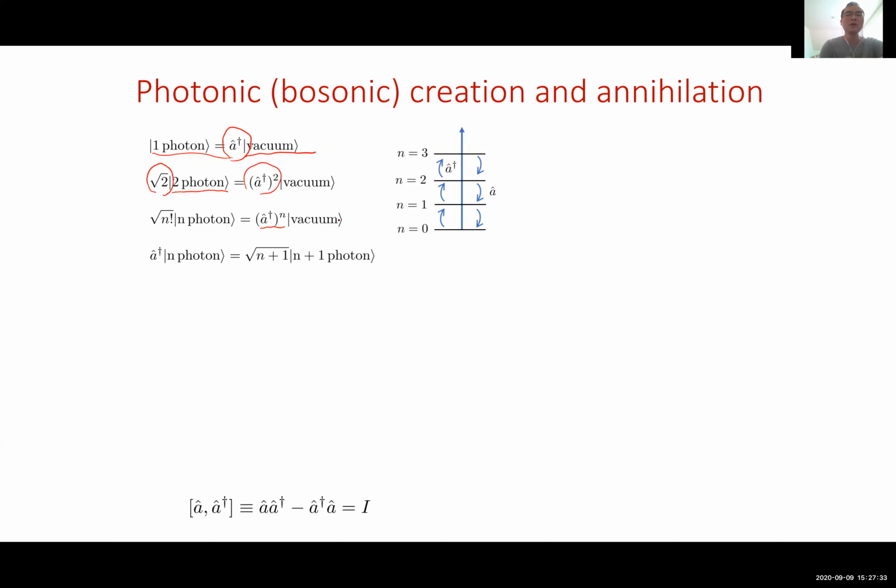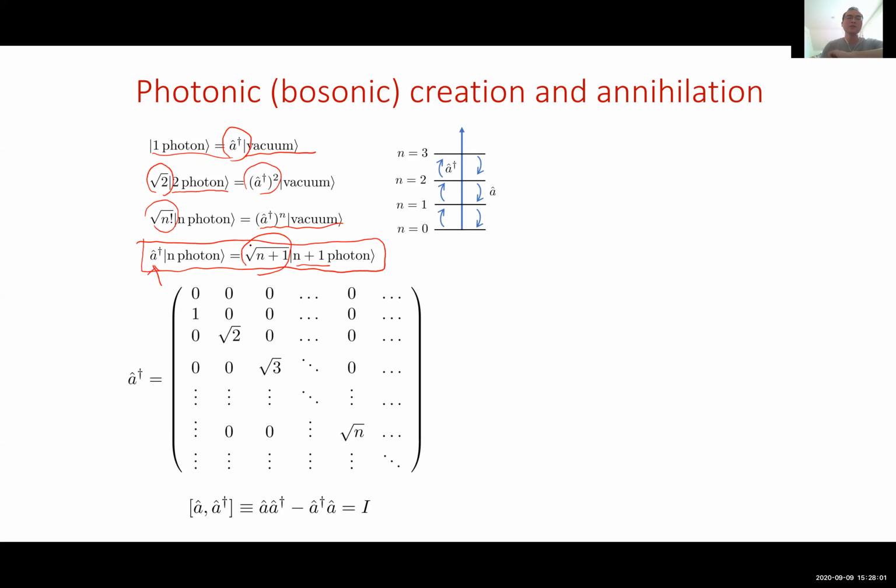If you do it n times, you multiply all these square roots up to n, so it's square root of n factorial. In fact, this is probably the formula that you need to remember. A raising operator acting on an n photon state will become an n plus 1 photon state, but the coefficient is square root of n plus 1.